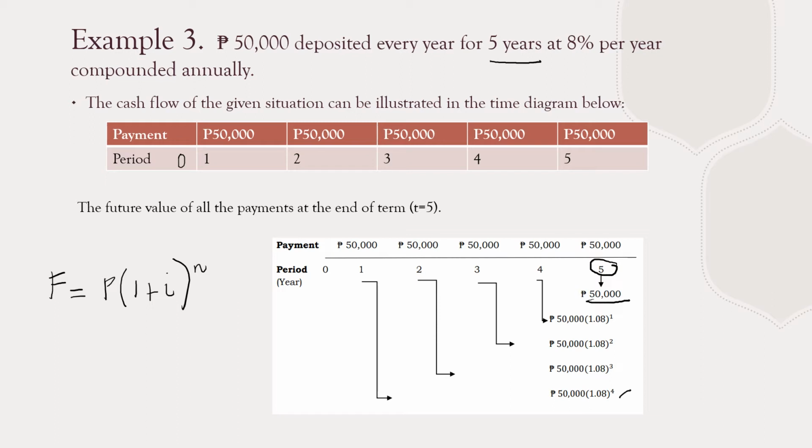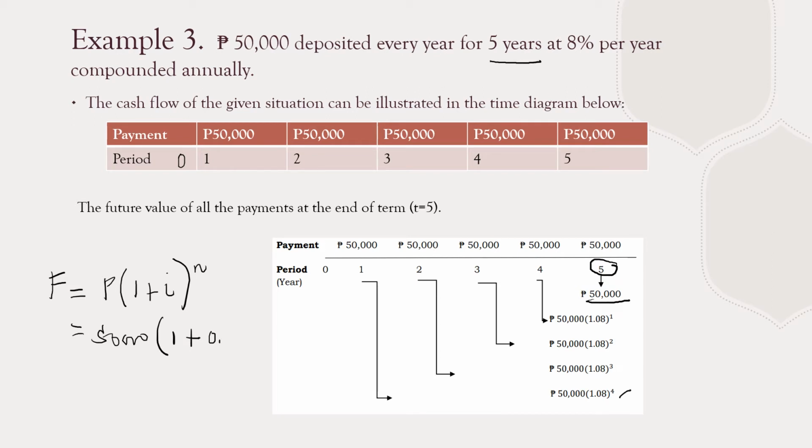So, yung 50,000 on the first year na hinulog, since it will last up to the 4th year, ito yung magiging last natin, yung ika-4th year, kasi 1 year na lang to make it up to the 5th year, siya yung 50,000 times 1 plus yung interest rate natin ay 8%, so 0.08.